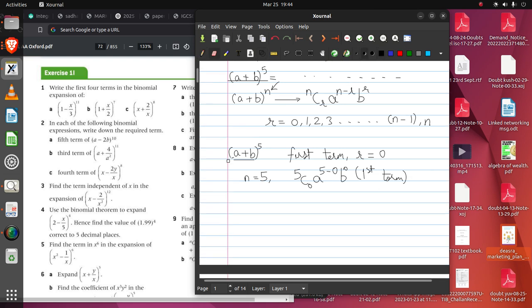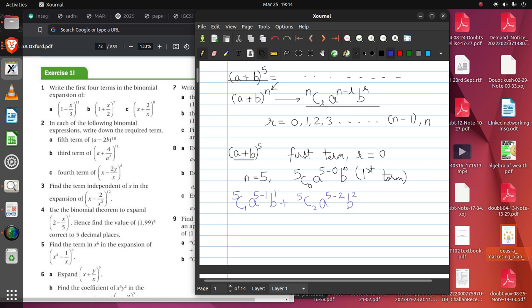Like that, in the entire expansion, each and every term will be written in terms of this formula only: 5C1 a raised to 5 minus 1 b raised to 1 plus 5C2 a raised to 5 minus 2, and so on.